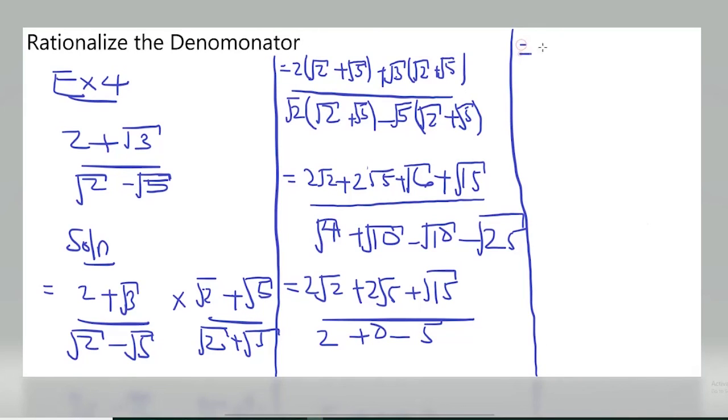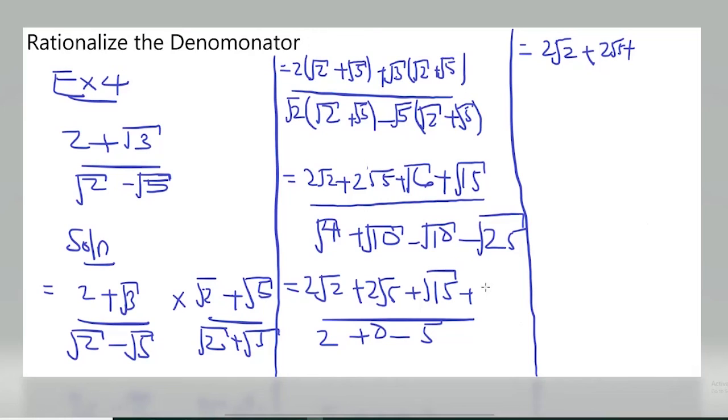Okay, now this one will be equal to 2 root 2 plus 2 root 5. Oh, there's plus root 6. This one, 2 root 2. This one, 2 root 5. Then root 6.